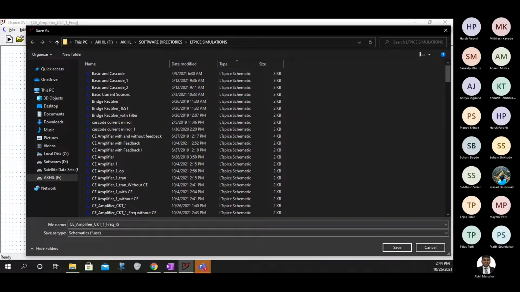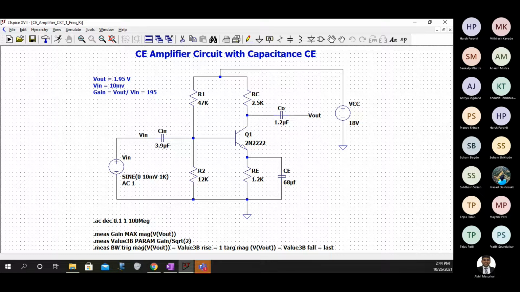That is the... and what we will do is, if you want input impedance, then there are certain things that you need to do. So first thing is, we will connect a test voltage source.